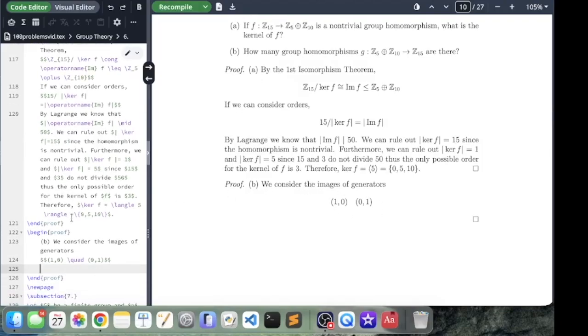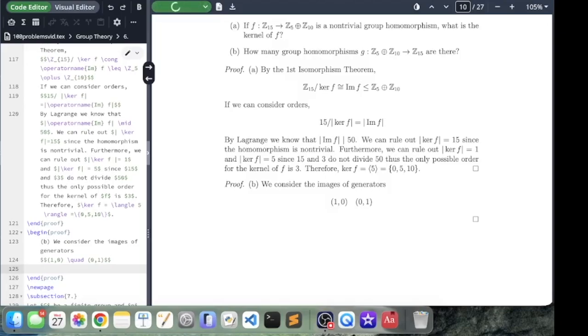So we know that (1, 0), that 1 is in Z5, so (1, 0) has order 5. Let's write this out explicitly.